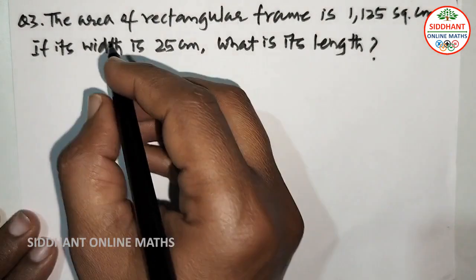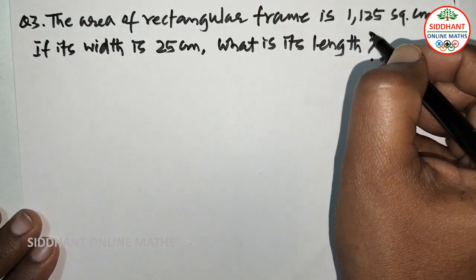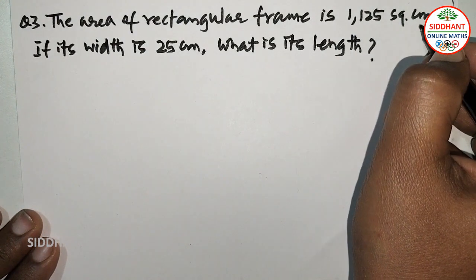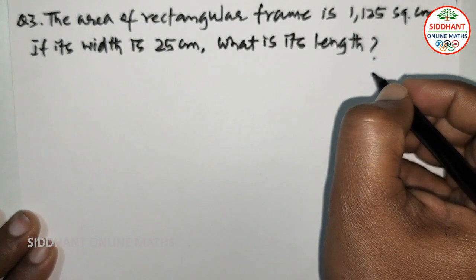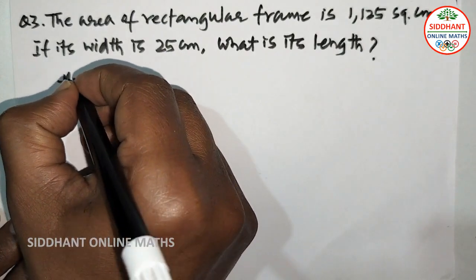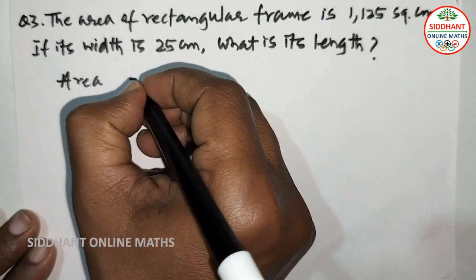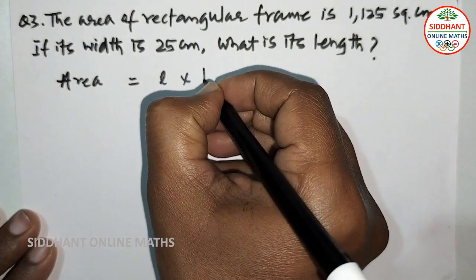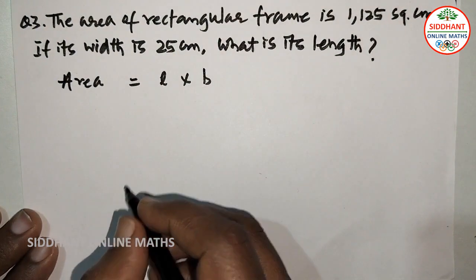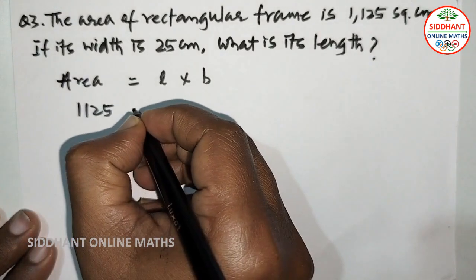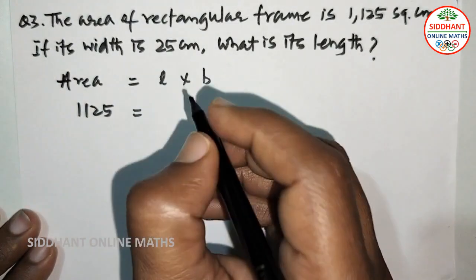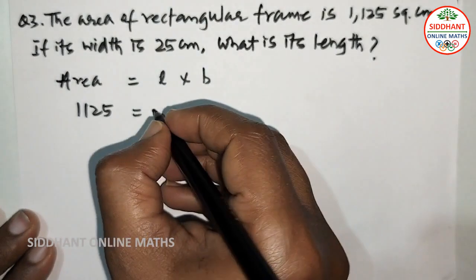Question number 3. The area of rectangular frame is 1125 square centimeters. If its width is 25 centimeters, what is its length? So we know that area of rectangle is equal to length into breadth. So the area given is 1125 and the width is given 25 centimeters, and we have to find out the length here.